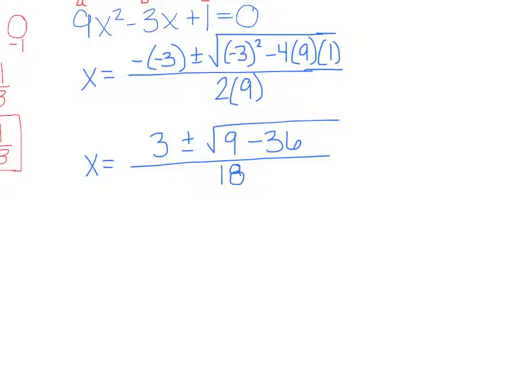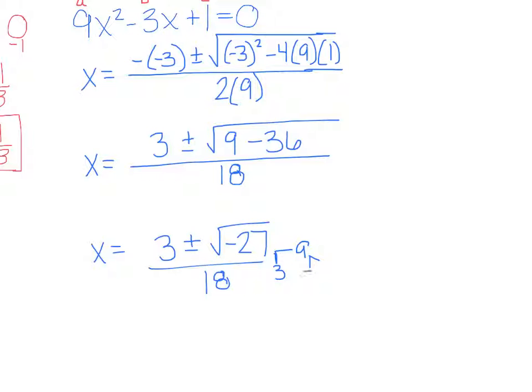Big K, what's 9 minus 36? -27. What can we break 27 down into? 3 and 9, and then 9 we break down to 3 and 3. Our index is 2 because we're taking the square root. Big K got it.